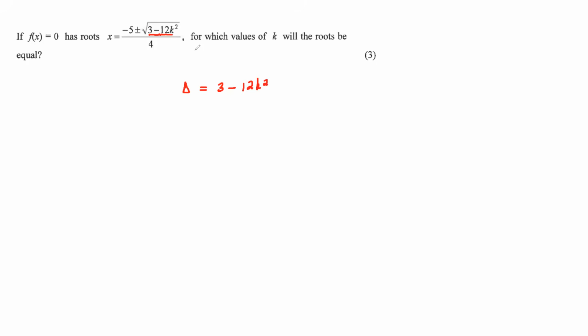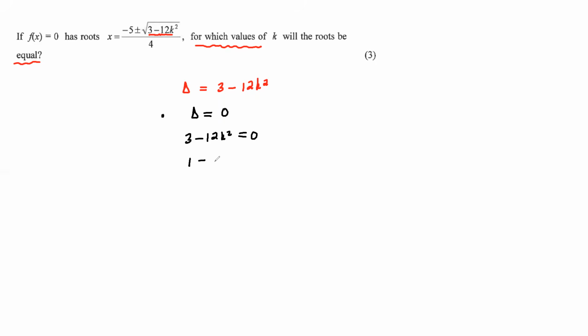The question says, for which values of k will the roots be equal? I need to think, when are the roots equal? The roots are equal when the discriminant is equal to 0. In other words, when 3 minus 12k squared is equal to 0. We solve for k. So let's do some maths here. I can maybe divide everything by 3 if I want.